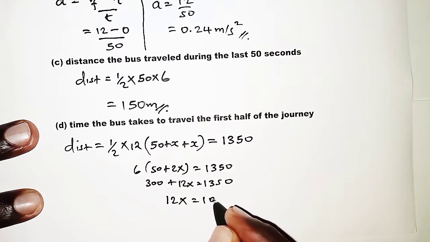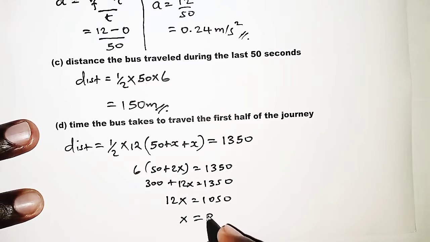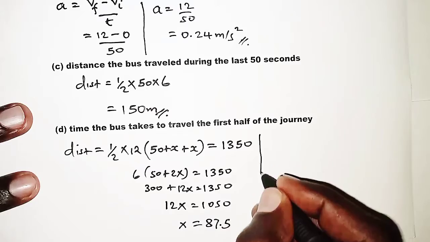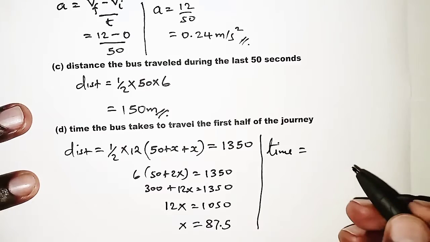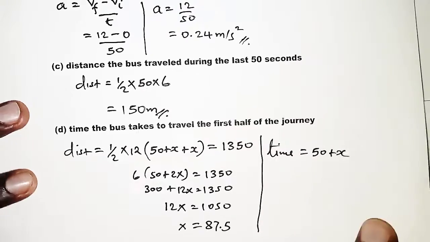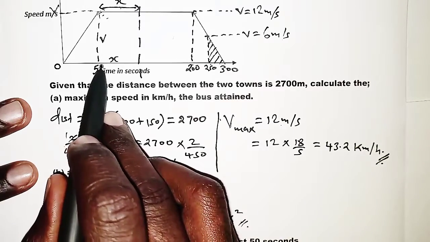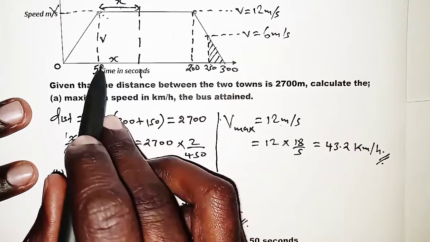And from here, we can also say 12x is equal to 1,050. So 300 crosses, we subtract to get this, and then dividing both sides by 12 means that x is 87.5. So the time taken should be 50 plus x. So from this point to this point is 50 seconds, and the other time required so that we cover half the distance is x.